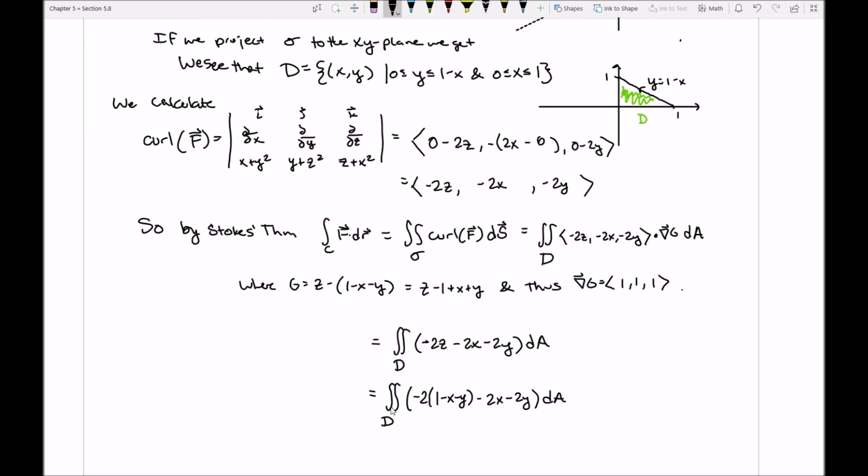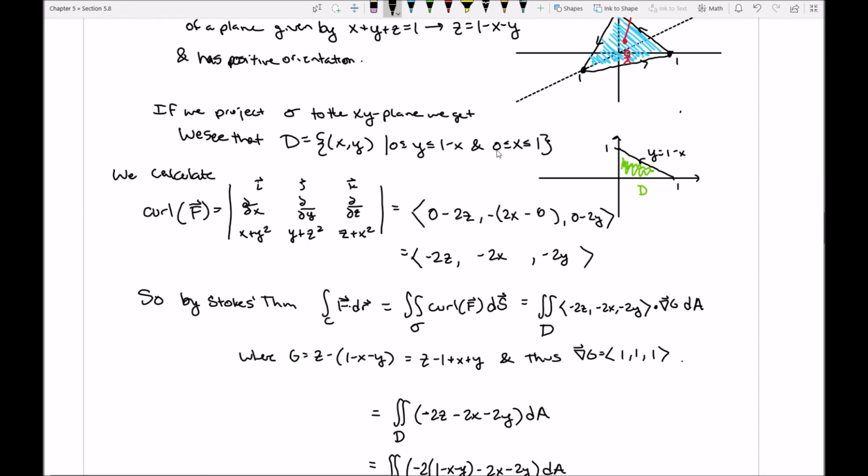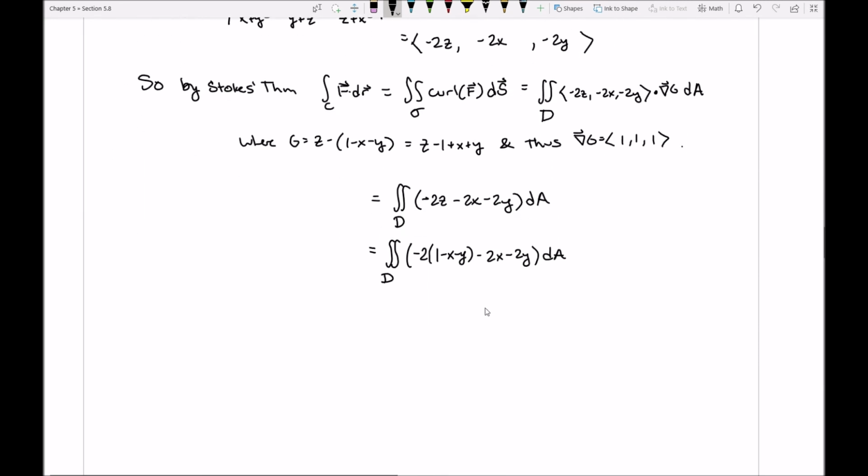Now I can easily imagine setting up a dx and dy and using the bounds that I had on that region to set up this double integral. But fortunately here, this is actually going to come out to be even a little bit simpler. Because if I do some distributing here, I'm going to get a negative 2 plus a 2x plus a 2y and then minus a 2x and minus a 2y.